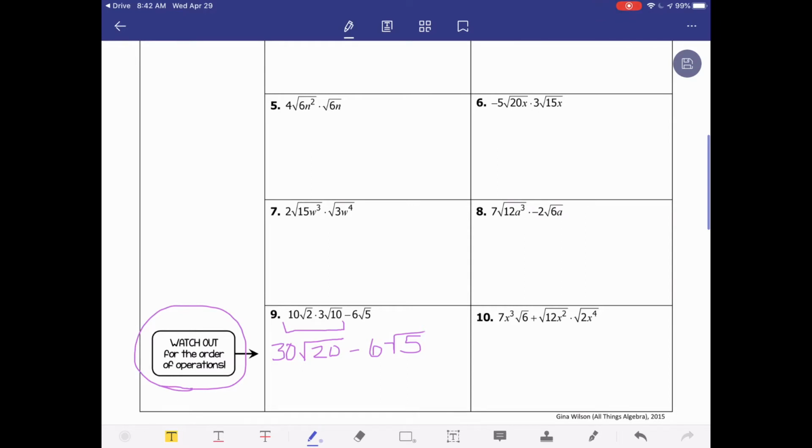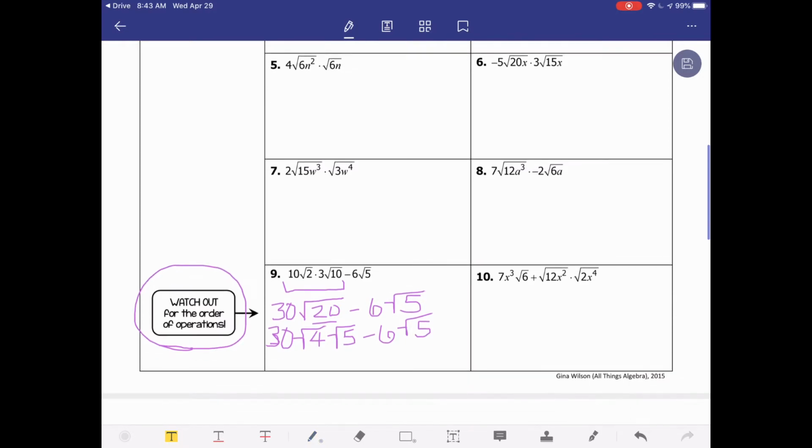I know that factors of 20 are going to be 4 and 5, and 4 is a perfect square, so I'm going to have 30 radical 4 radical 5 minus 6 radical 5. Then I can take this 4 and pull it outside the radical because the square root of 4 is 2.